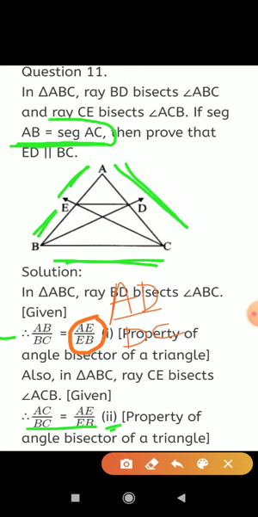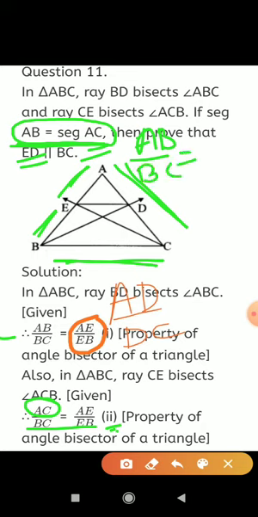So in equation number 2, where AC is written, we can write AB in place of AC.